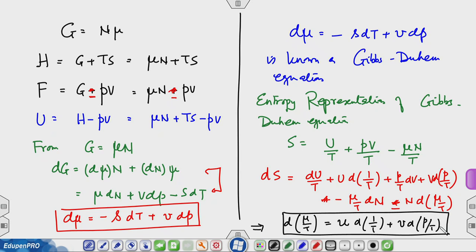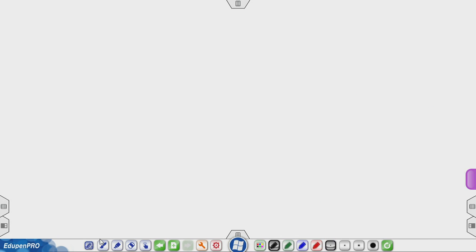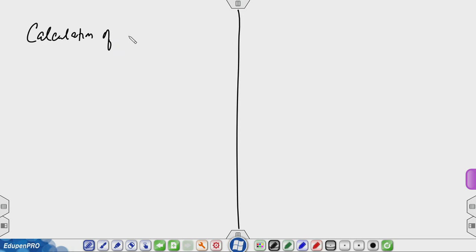So that's the other way of looking at it, and using these equations we can calculate the chemical potential for different systems. Let me do one calculation for the chemical potential, and that's going to be the calculation of mu for an ideal gas.